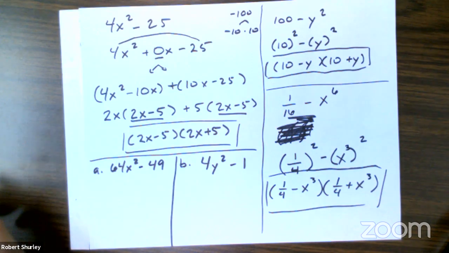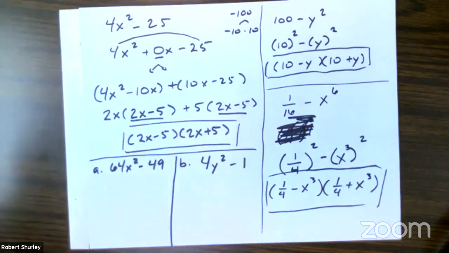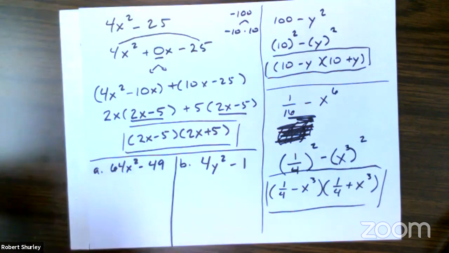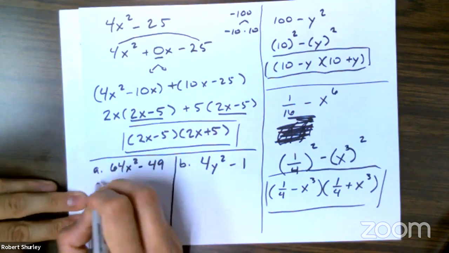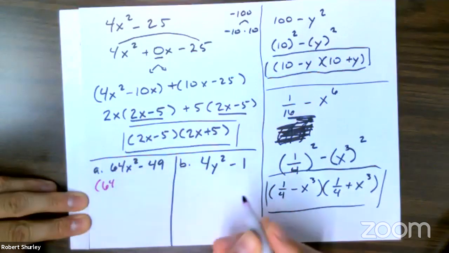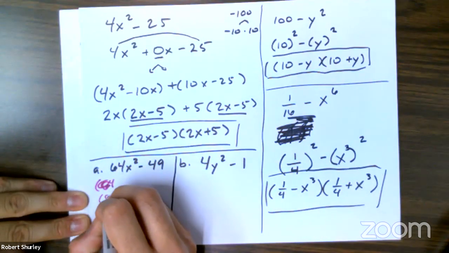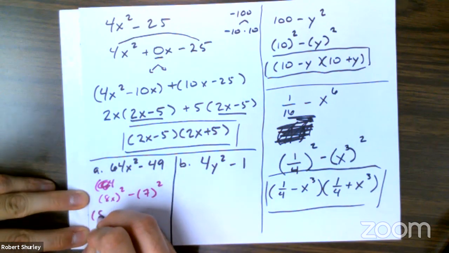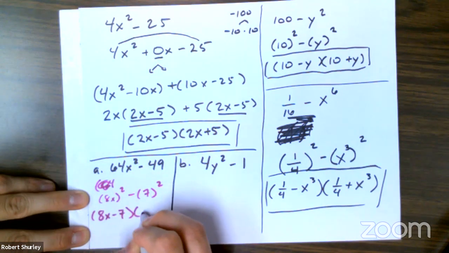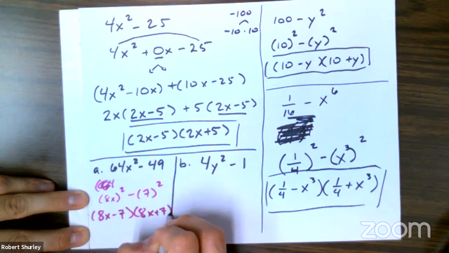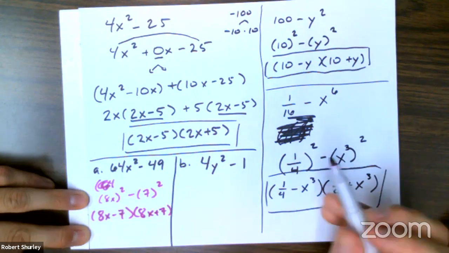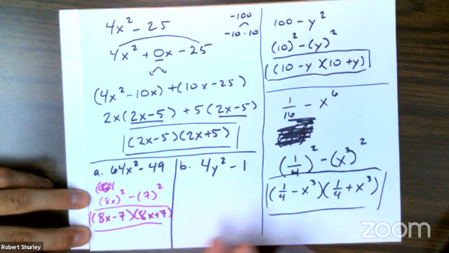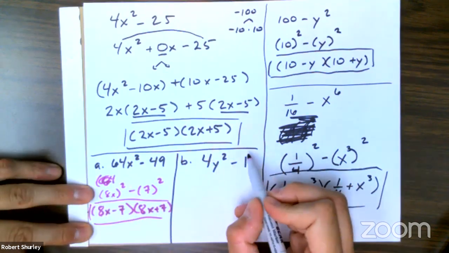Okay, so this first one, not 64, but 8: 8x squared minus 7 squared. So 8x minus 7, 8x plus 7. And then the 4y squared minus 1.